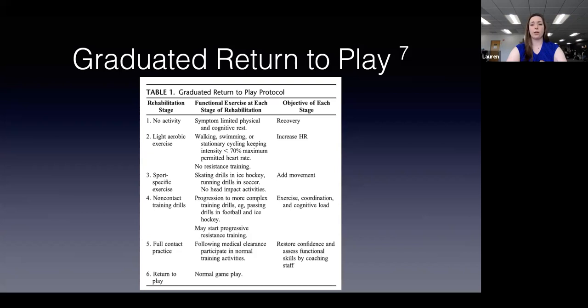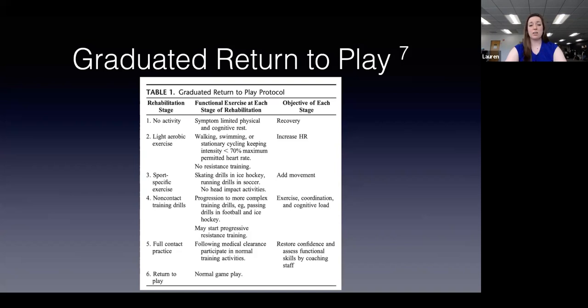But then very quickly getting into light aerobic exercise. At each stage, the first stage is just increasing that heart rate, gradually increasing movements, and then focusing on overall exercise tolerance, coordination, and cognitive load.